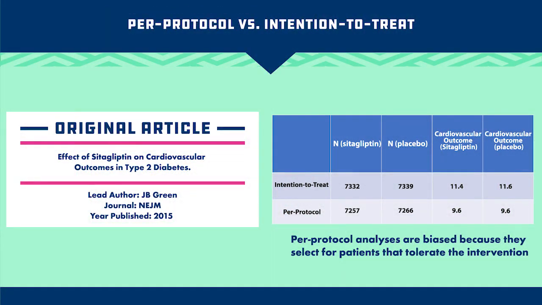You can see here in both the placebo and the treatment arm that the rate of cardiovascular events is lower, 9.6%. Why? Because healthier people take their medicine. We're selecting out the sick people who, even on placebo, think they're getting side effects and just decide to stop.